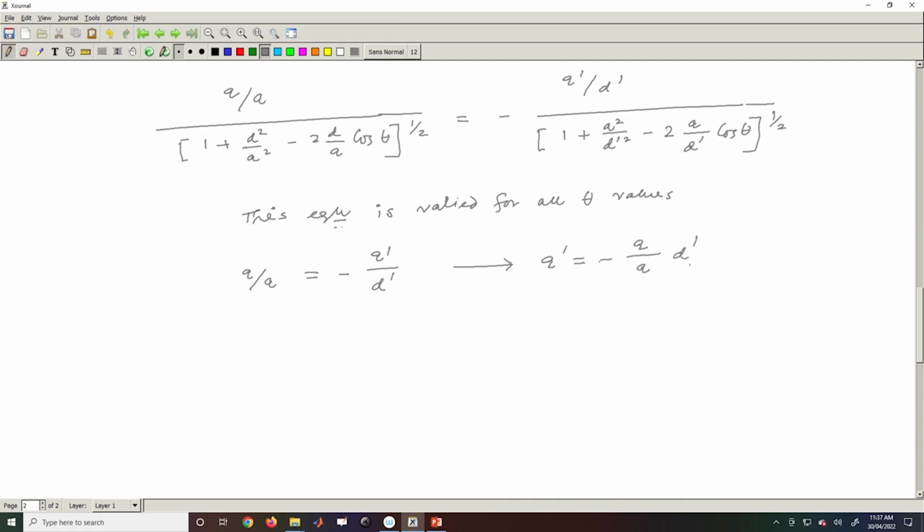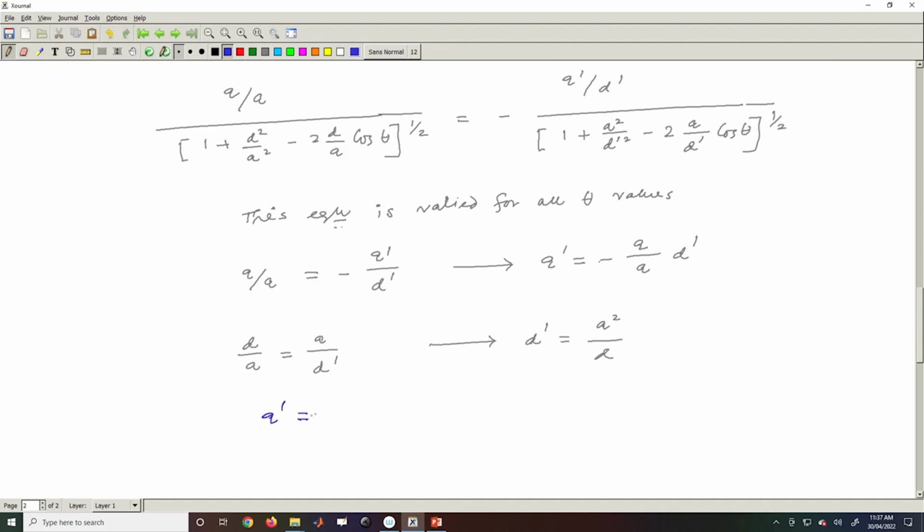Mind it, D prime is still unknown. And for another equation, the ratio of the cos theta terms has to be the same, so D by A should be equal to A by D prime. From here I have another equation, that D prime is equal to A square divided by D. Okay. So now Q prime I can know explicitly in terms of all the known quantities.